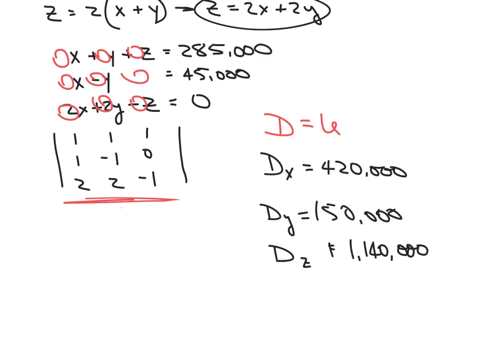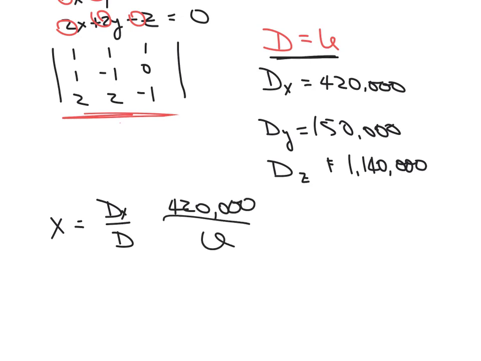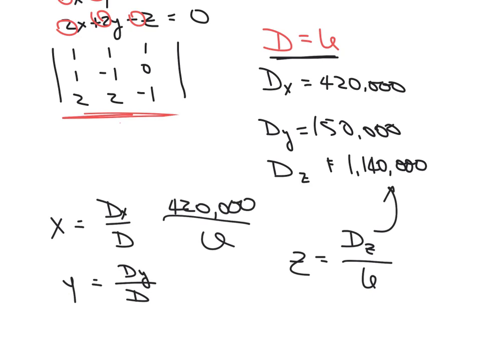So in order for me then to find my x, it is going to be 420,000 over 6. There's my 6 up there. And my y is going to be whatever my y value was over 6. And my z is going to be my z value, which in this case is that, over 6. So you're going to divide those out and you'll get your answers there.